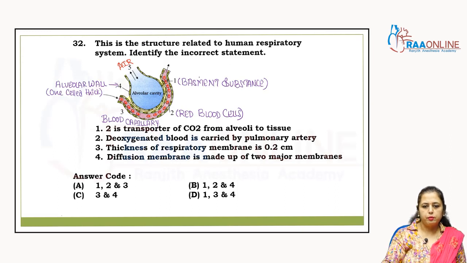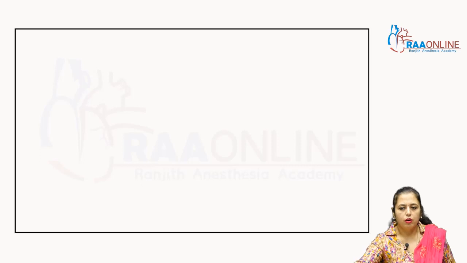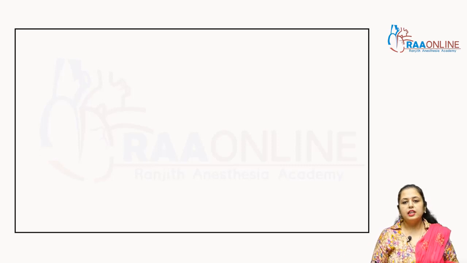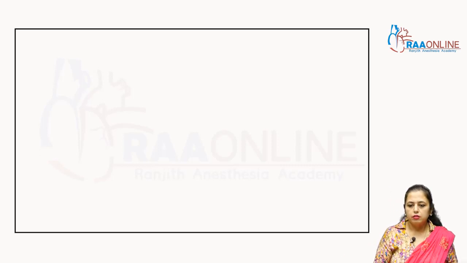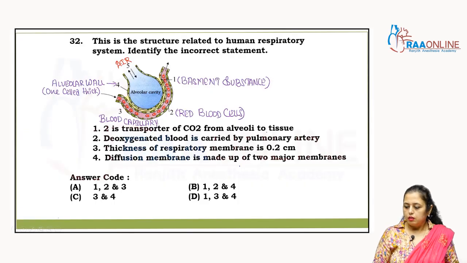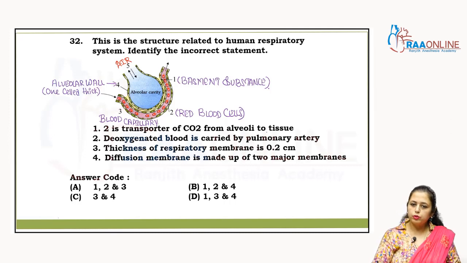Identify the incorrect statement. 2 is the transporter of carbon dioxide from alveoli to the tissue. Right or wrong? We know that through RBC, the transportation of carbon dioxide and oxygen both occur, and from alveoli to the tissue, right? So is 1 right or wrong? That statement is wrong. Clear?